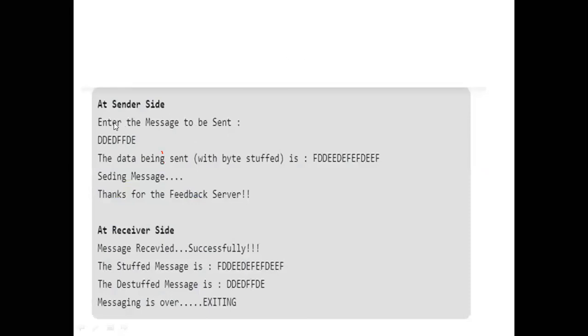See here in this example, enter the message to be sent. Suppose in a program the payload field is like this: D D E, D F F, D E. Actually E is the escape character and F is the flag character.